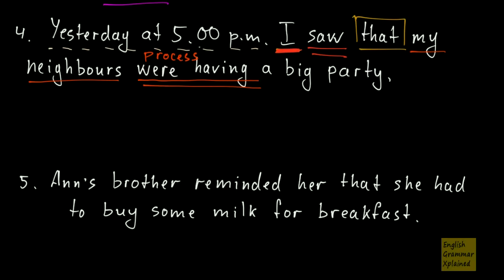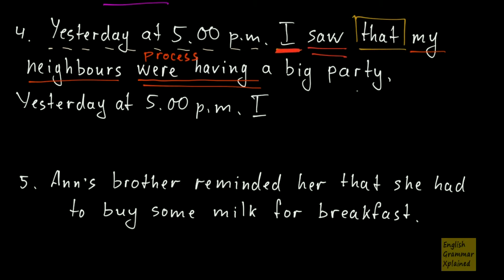So, yesterday at 5 p.m. remains intact. I don't change anything. Keep in mind that you can have words like this in the beginning of the sentence as well as in the end. Then I rewrite my first subject and then my main verb. I saw, without any changes. Then, of course, that drops out. I don't need it. Then I rewrite my neighbors without any changes.